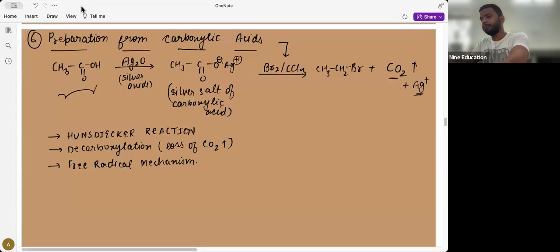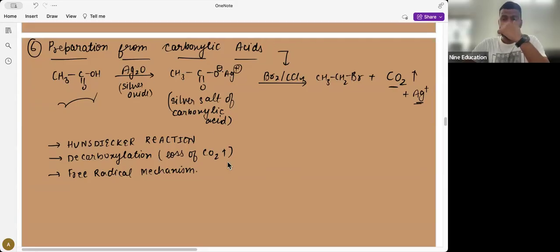Yesterday's homework, you will come to know how to solve these reactions. In the last 15 minutes, I will unmute you, then you can ask your questions. 2 minutes more I will give you, right?